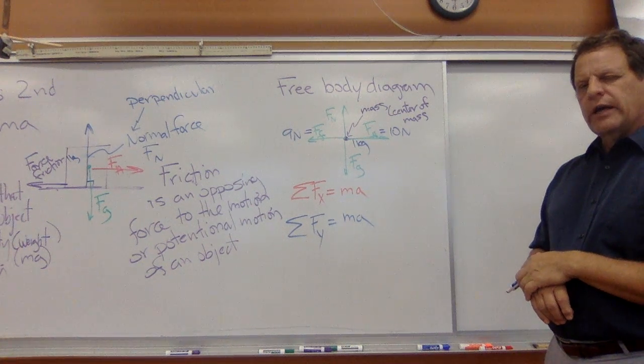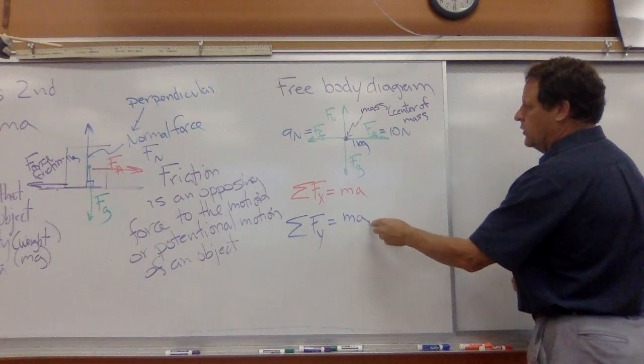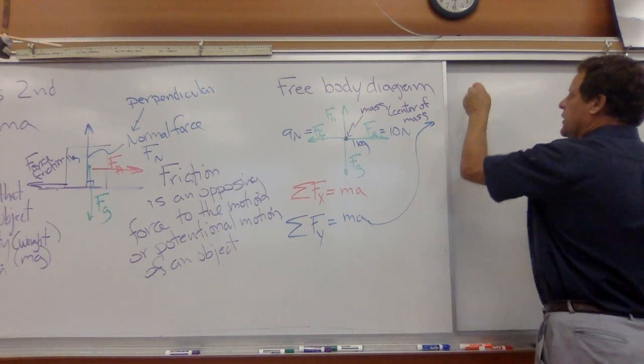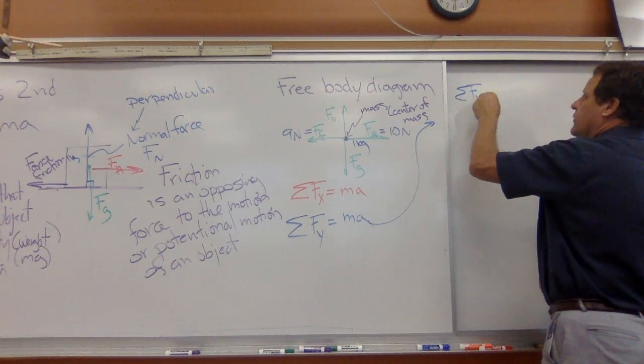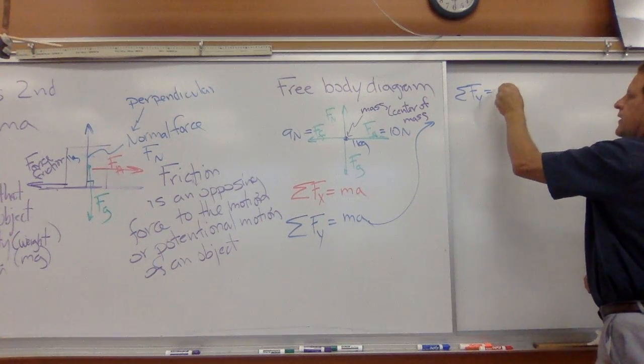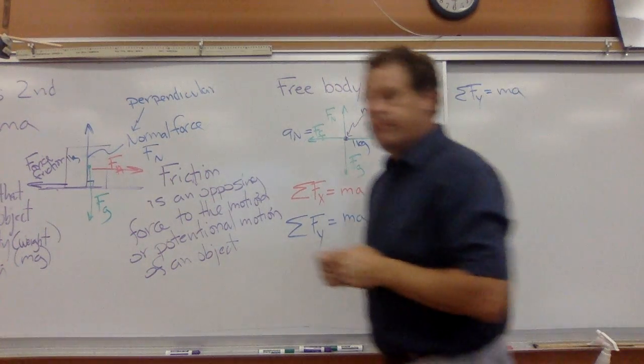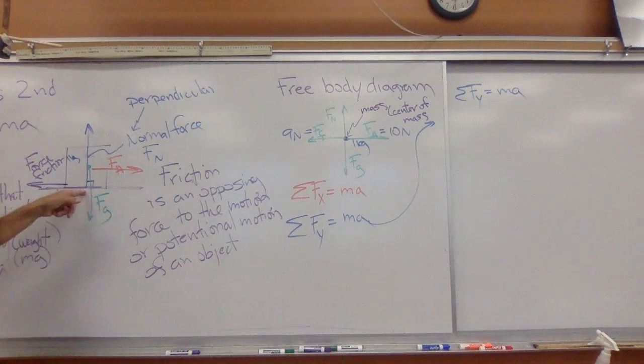And we're going to figure out which direction it's going to go. So let's start here with the sum of the forces in the y direction, and that is going to equal ma. But think about this.